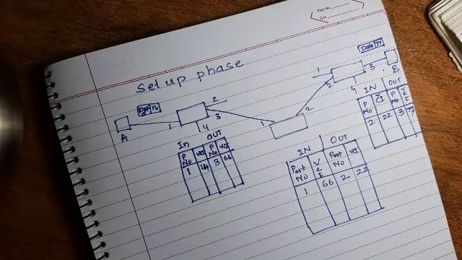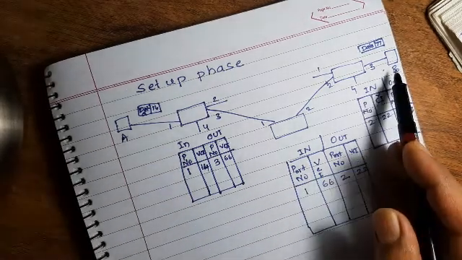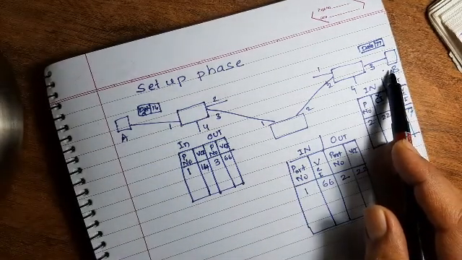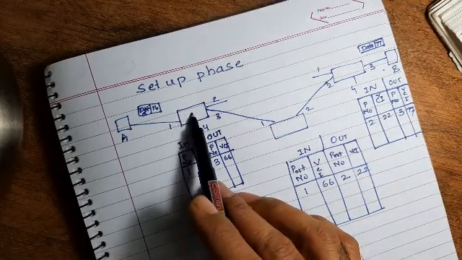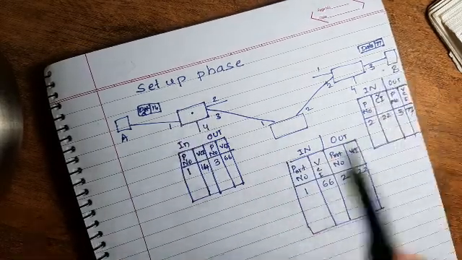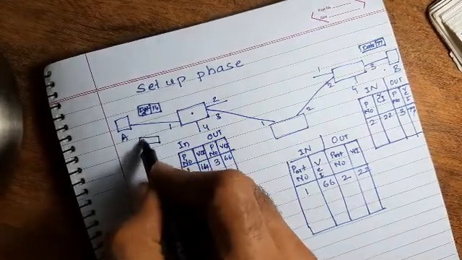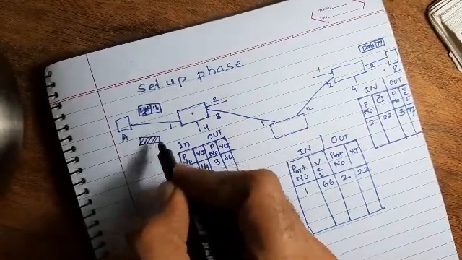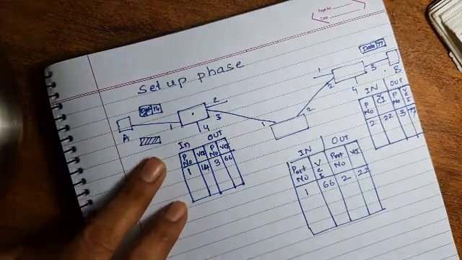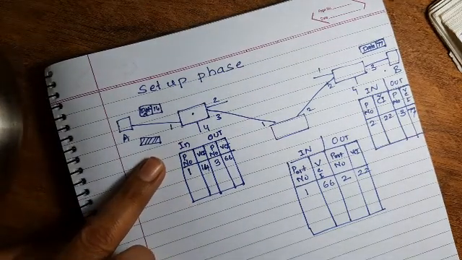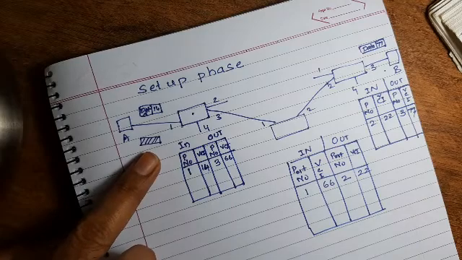During the setup phase, source A sends a frame to switch 1 which contains the address of B. So it is different from a data frame. This is a special frame meant for setting up the connection. We call it the setup frame.